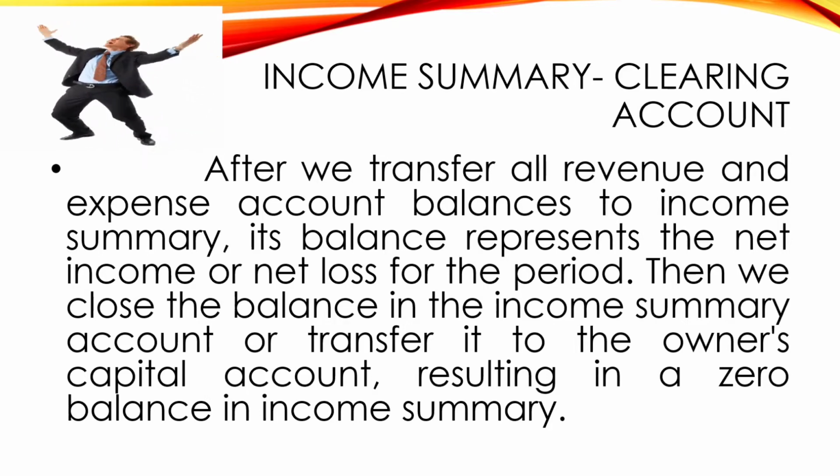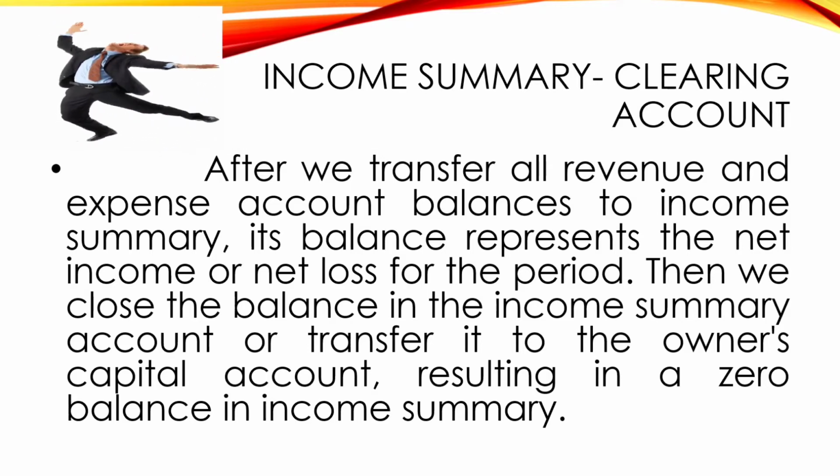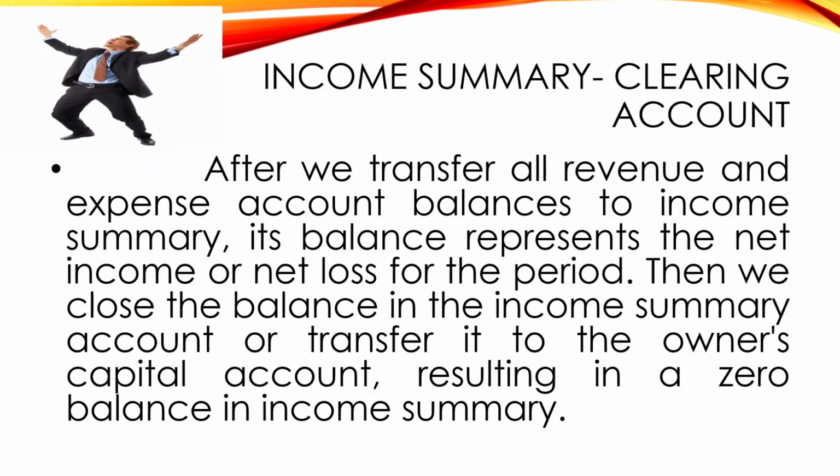That's why it is a clearing account: it clears those accounts and finalizes them. The revenue and expense accounts go to the income summary, and the income summary does the work of zeroing them. I cannot explain the process for the meantime, but later you will understand it. That is the income summary, or the clearing account.